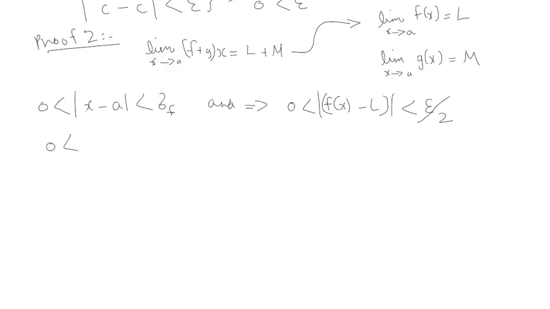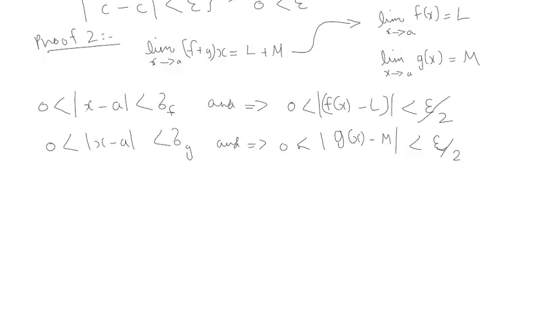If you repeat the same process for delta g, we get the exact same thing, but in this case we get g of x minus M, because now the limit is different. It's less than epsilon divided by 2. And once we do that, we will have a better idea of what's going on.